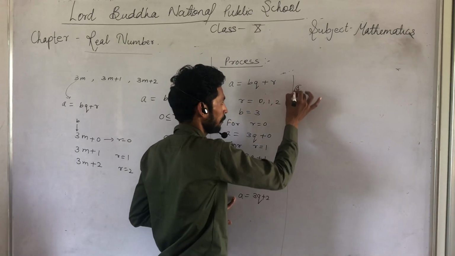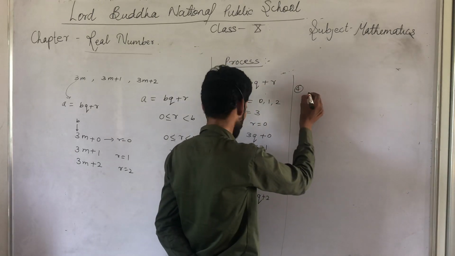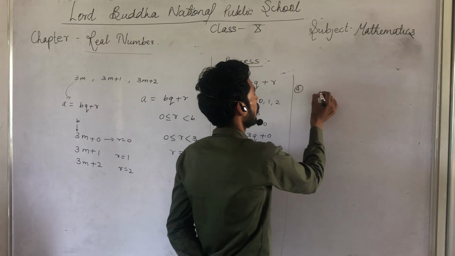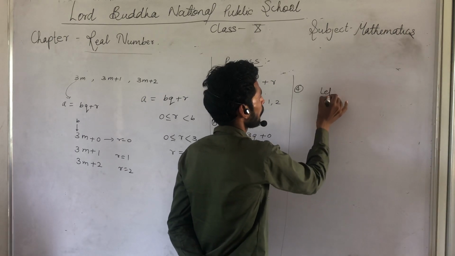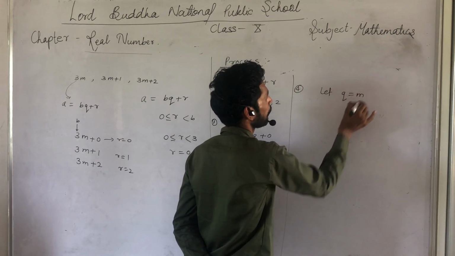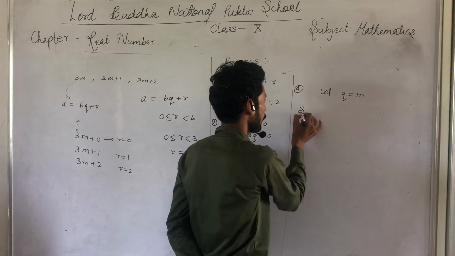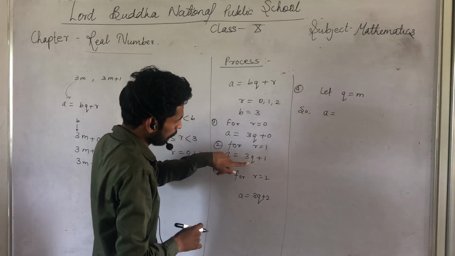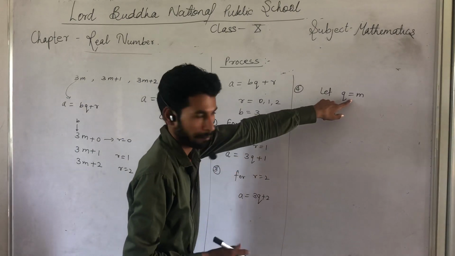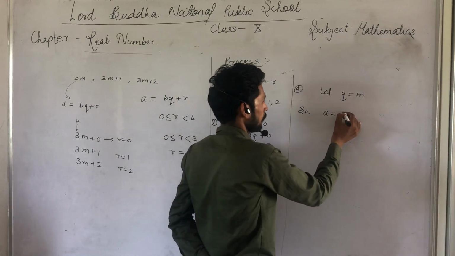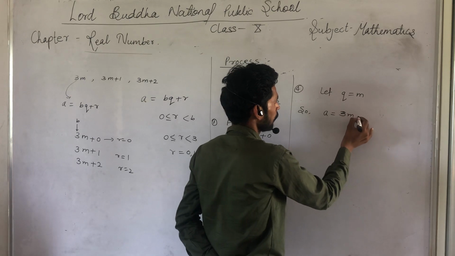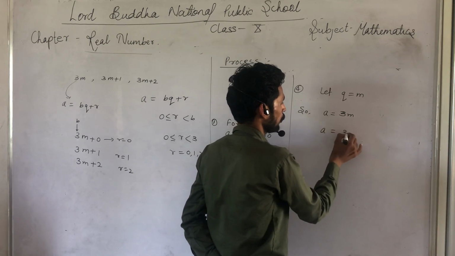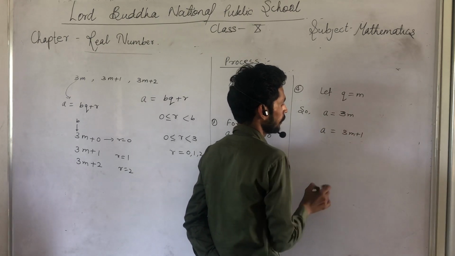In step number 4, let Q equal m. So A equals, putting m in place of Q, 3m. Next, A equals 3m plus 1.